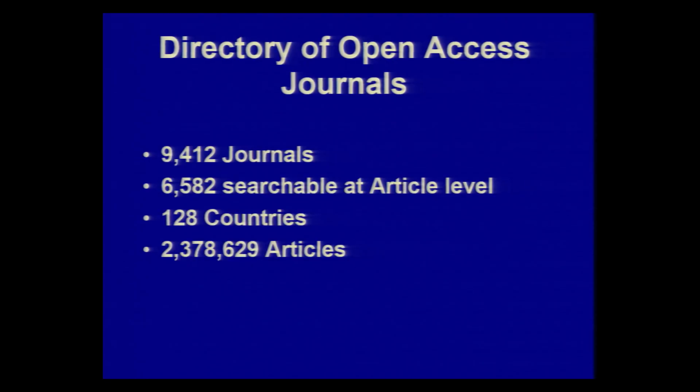And you also have the Directory of Open Access Journals, which provides you access to 9,412 journals, and 6,582 articles can be searched. The information is available from 128 countries, and this number is quite voluminous.